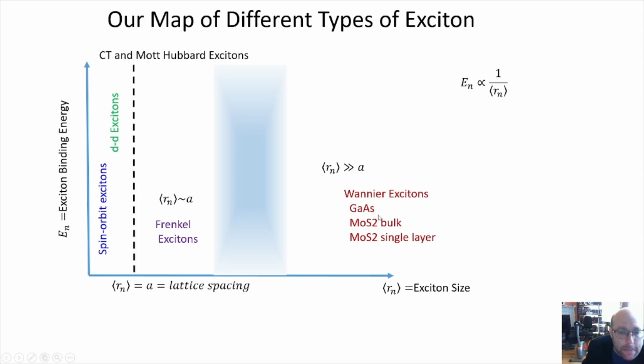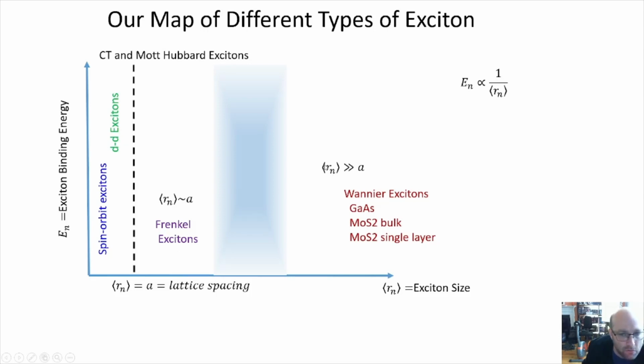And these are all situations where the average spacing between the electron and hole that make up the exciton is much larger than the typical lattice spacing a. And so in the Frenkel case, we go to a situation where this is violated.